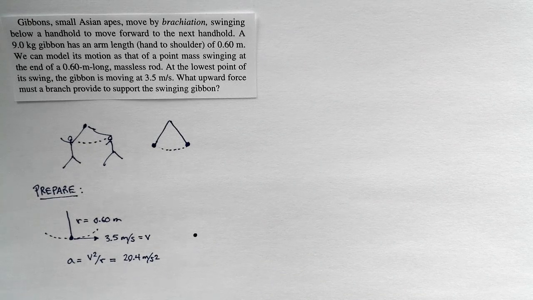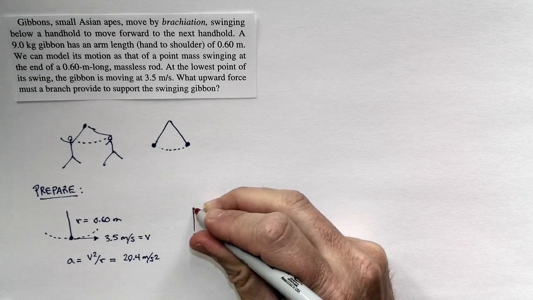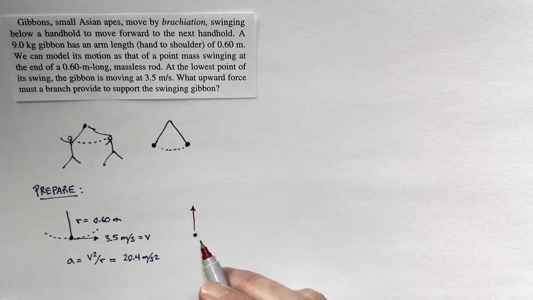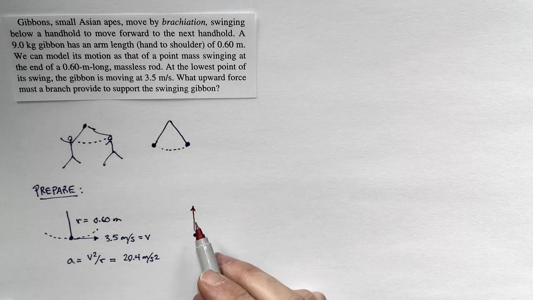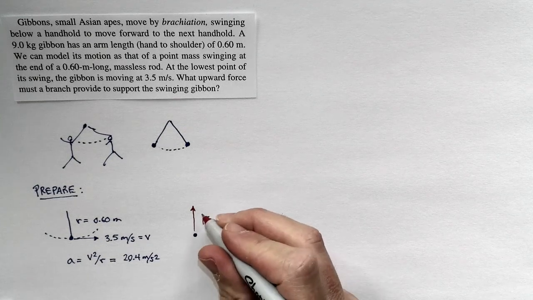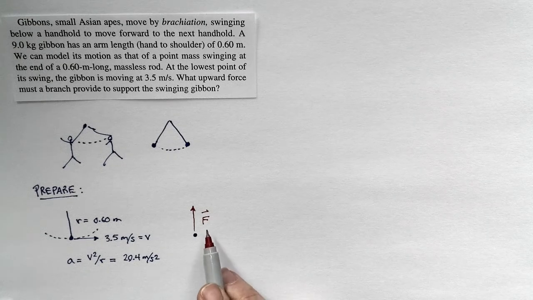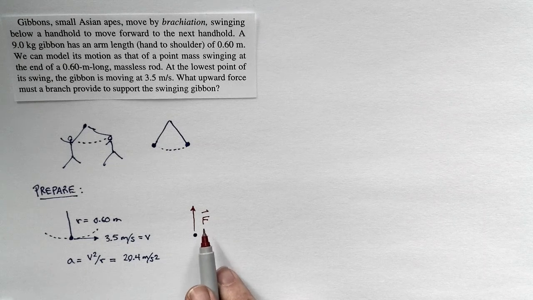At the lowest point of its motion, what are the forces acting on the gibbon? Well, there's an upward force. And the upward force comes from the arm hanging onto the tree branch. So ultimately, this force comes from the tree branch. And I'm just going to call it F because exactly what type of force it is doesn't make any difference. It's just a force from the tree branch.